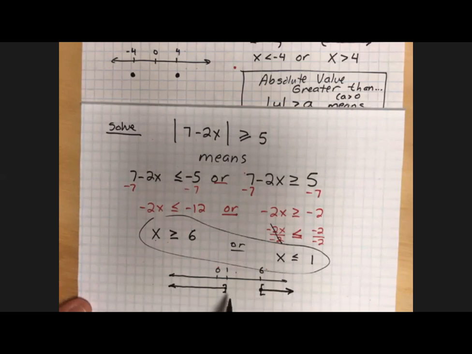And everything less than or equal to 1, if you want me to write it in the fancy interval notation, -infinity to 1, hard bracket, or what's called union, hard bracket, 6 forever to the right, infinity.